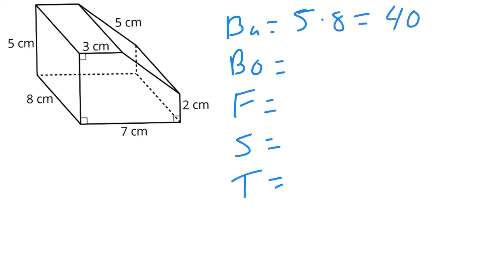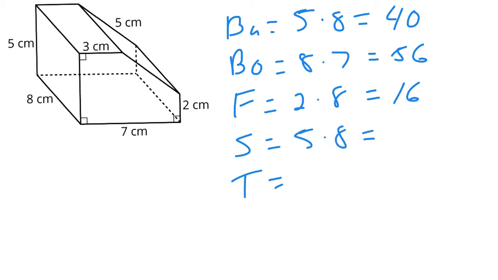The bottom is 8 by 7, which is 56. The front is going to be 2 by 8, which is 16. The slant is going to be 5 by 8, which is 40. And then the top one is 8 by 3, which is 24. So now I've got all my rectangles. I just need to focus on the sides.